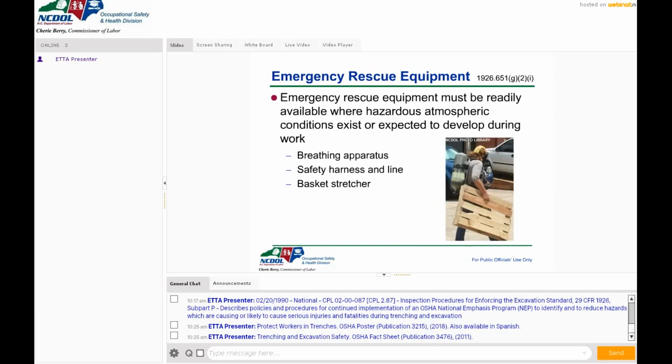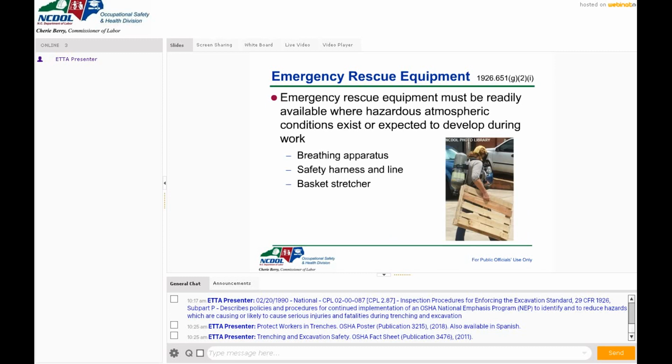Emergency rescue is very important. People do not take this serious enough. Just because you're on a job site and you can use your phone or your radio or whatever, keep in mind you may be in an area where cell phone service isn't so good, especially the way things have been being built in North Carolina lately.